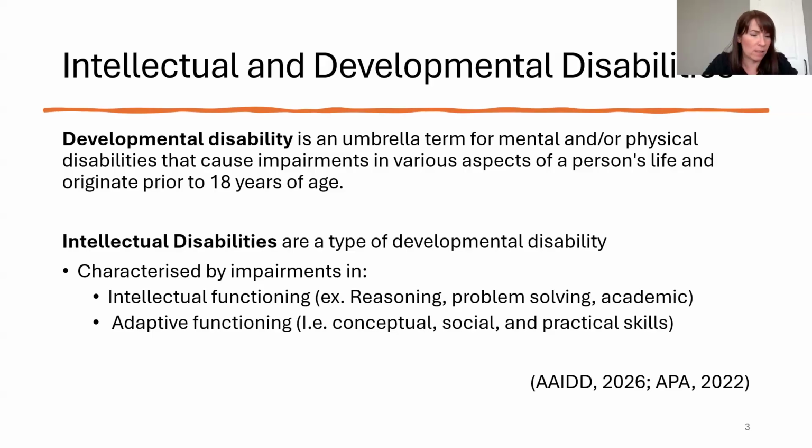The prevalence, according to 2022 Statistics Canada, is that 1.5% of people over the age of 15 have developmental disabilities, although many researchers estimate prevalence to be underestimated and suggest that a more accurate prevalence is around 4%.